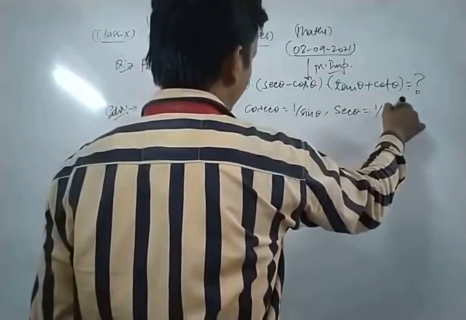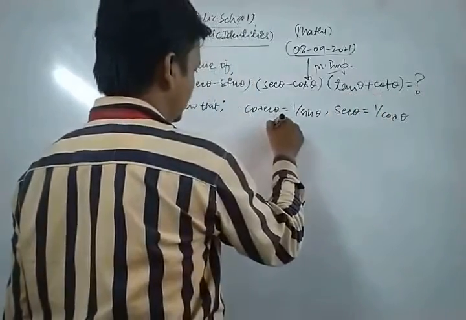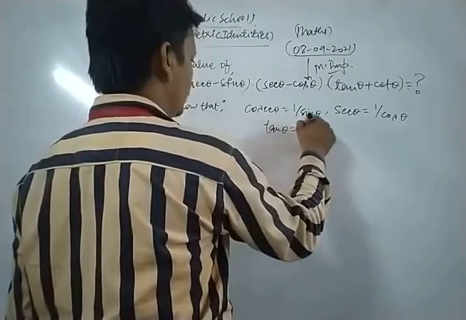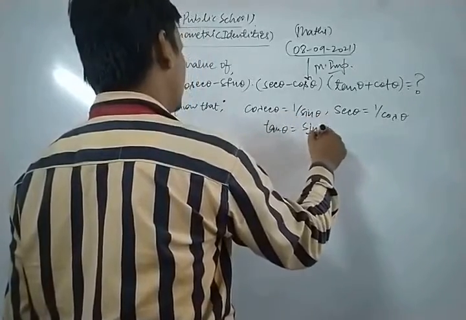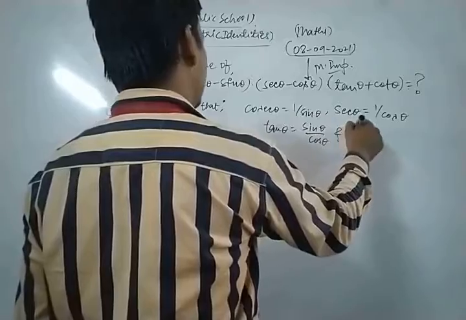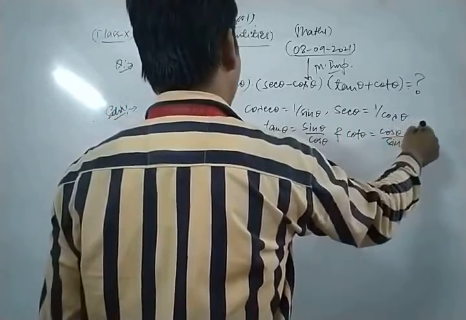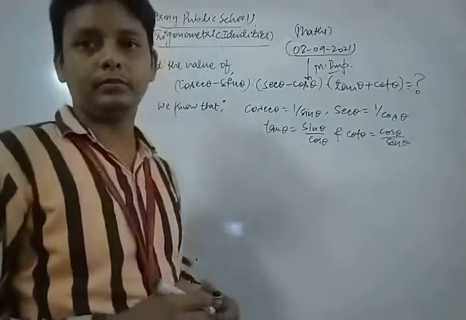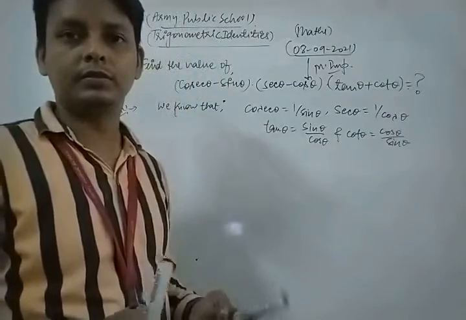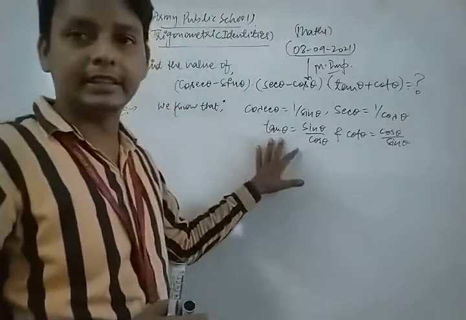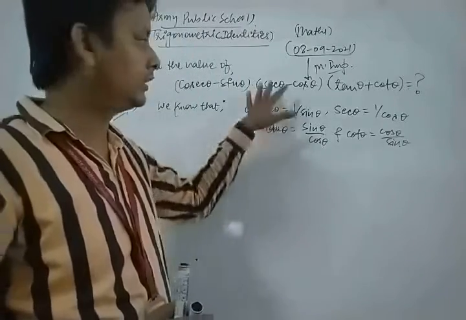Sec theta is equal to 1 upon cos theta. Tan theta is equal to sin theta upon cos theta, and cot theta is equal to cos theta upon sin theta. So we are just using this type of identity in these questions.